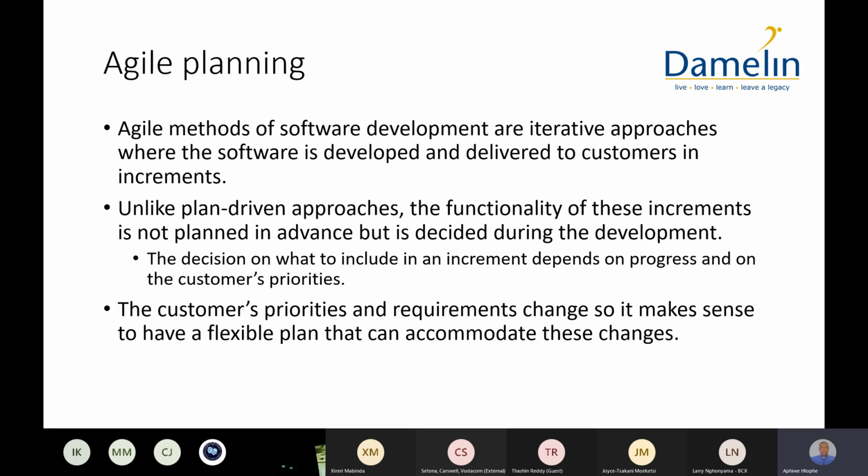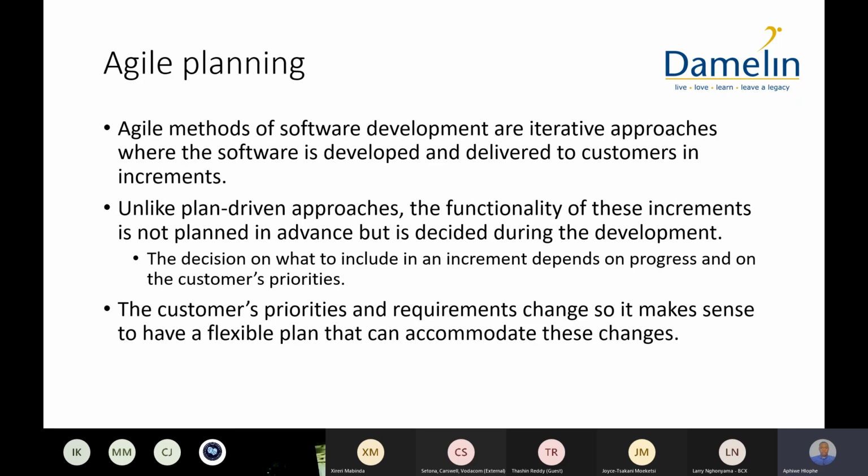Agile planning. So agile methods of software development are iterative approaches where the software is developed and delivered to customers in increments. Unlike plan-driven approaches, the functionality of these increments is not planned in advance, but is decided during the development. The decision on what to include in an increment depends on progress and on customers' priorities.